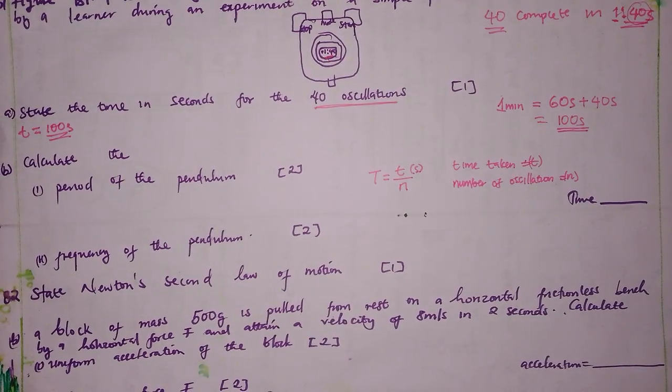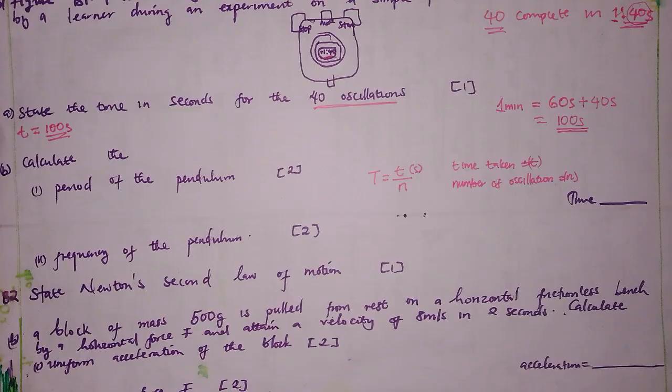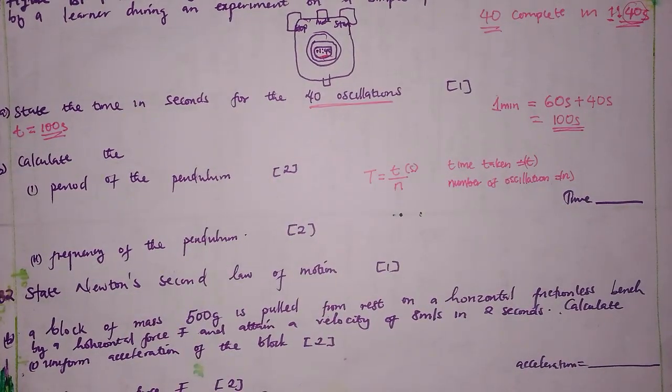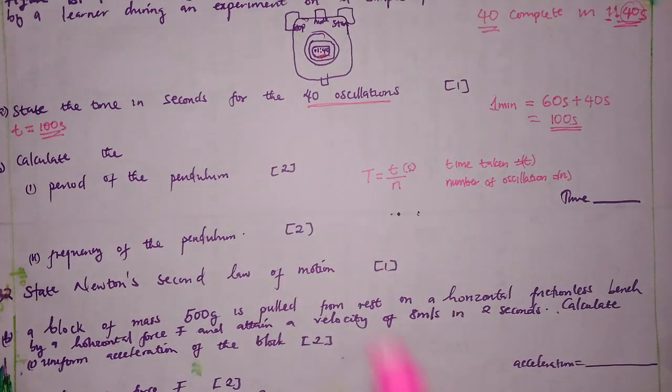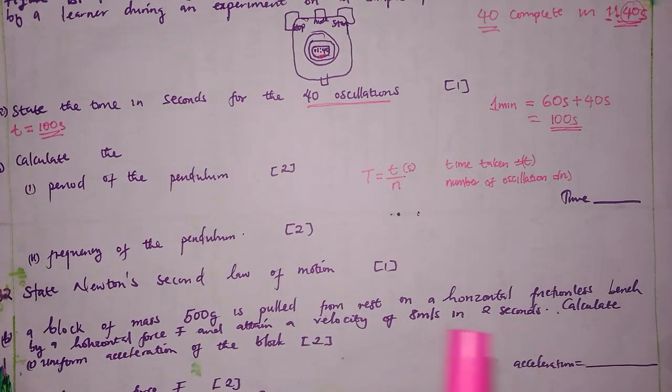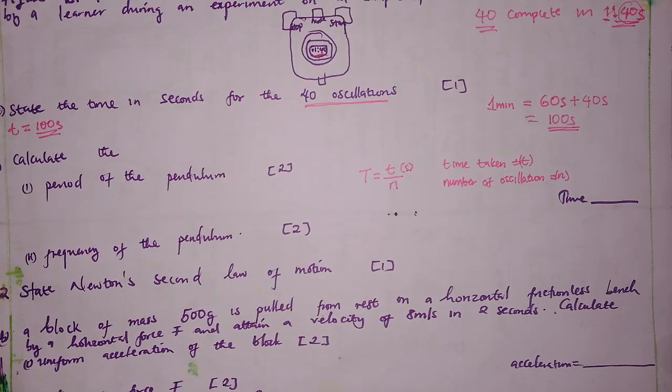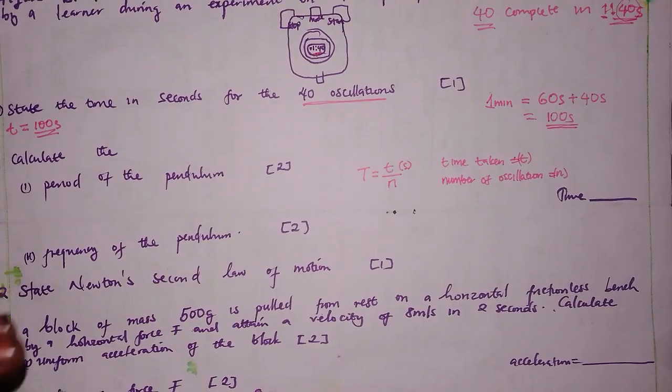So that's why the first question required us to convert this 1 minute 40 seconds into just seconds, so that we can use them on the next question. So if you get the first question wrong, meaning your second question will also be wrong. And also your third question will be wrong. So that's why in physics, you need to pay particular attention to the first question, because once you miss the first question, you will fail all the questions.